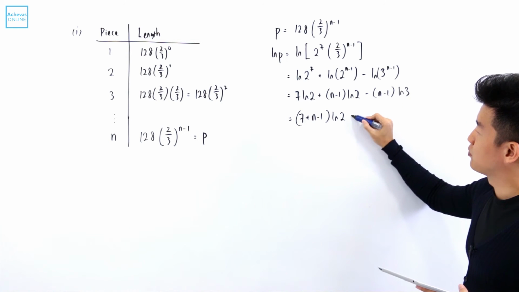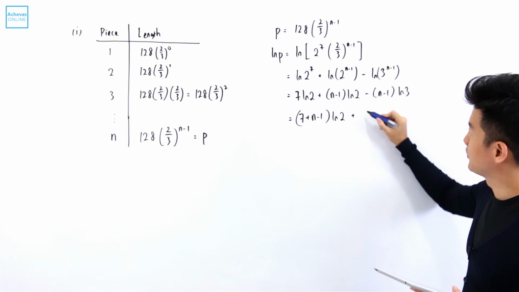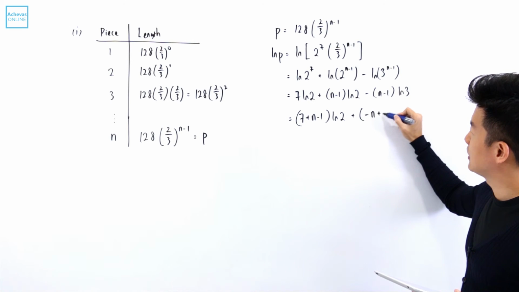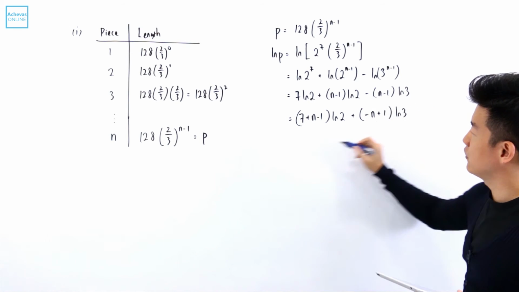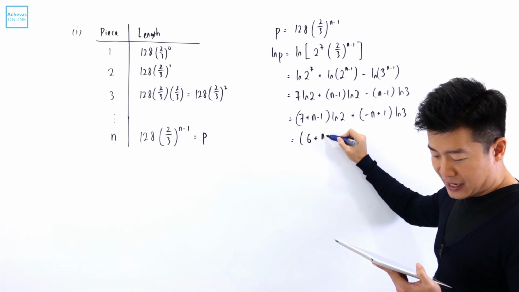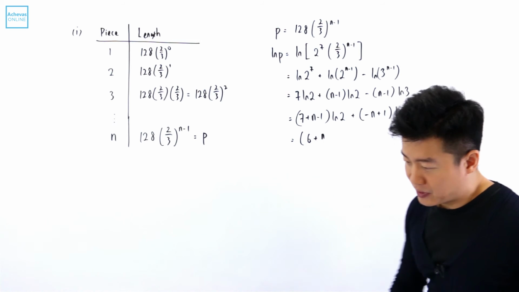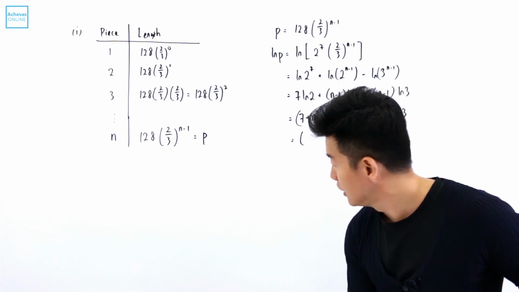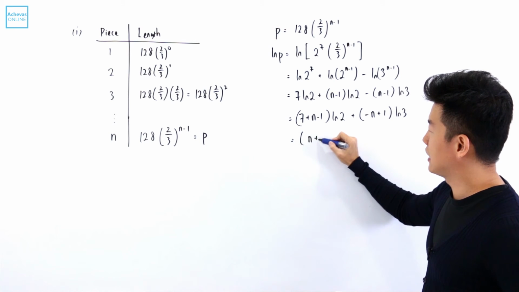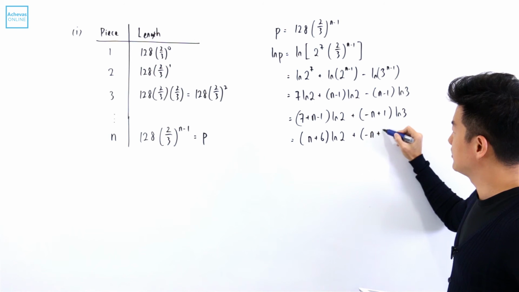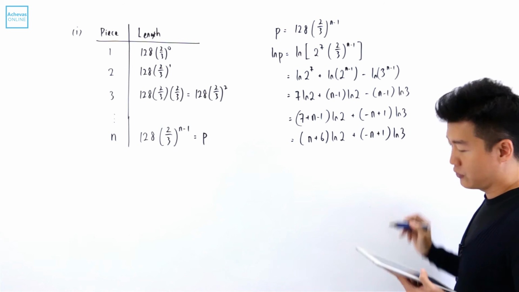I'm going to change the minus to plus, because that is the requirement from the question, so I bring the negative in: minus n plus 1 of ln 3. The first part is 6 plus n, or n plus 6, because the question wants the n term at the front. So this is n plus 6 of ln 2 plus minus n plus 1 of ln 3.